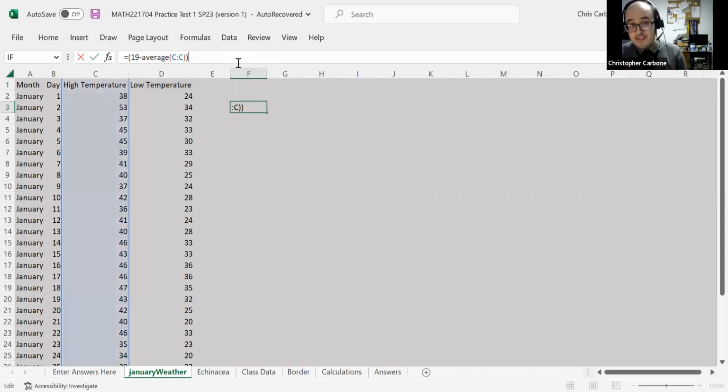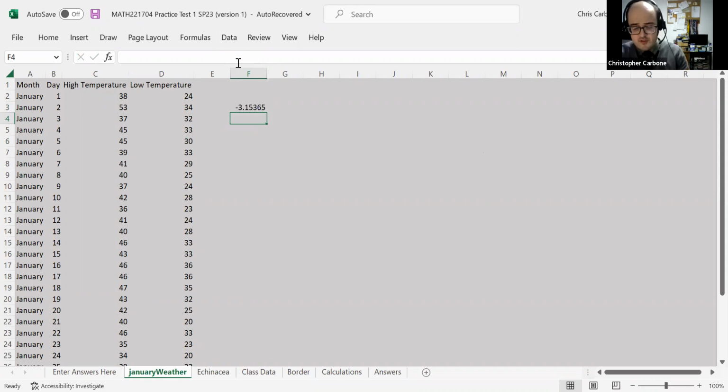And that whole quantity, we're going to take that whole thing for the numerator, so it's in parentheses, divide by the sample standard deviation, so STDEV.S of that C column. So that formula will give us the z-score for the high temperature, which, according to this, gives us, rounding to 2 decimal places, negative 3.15.